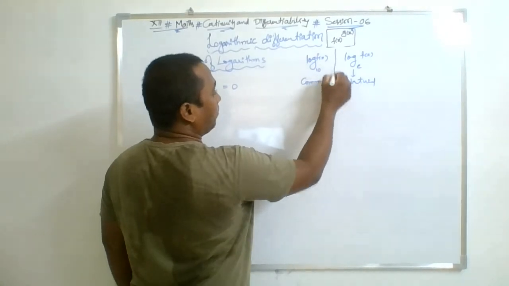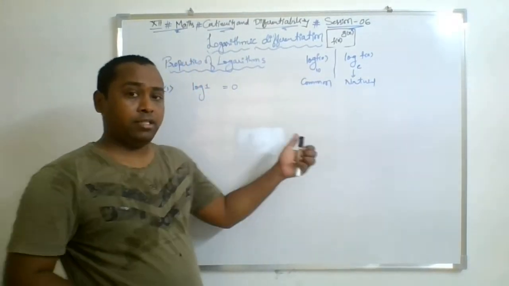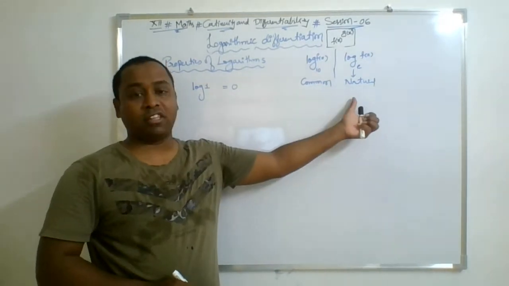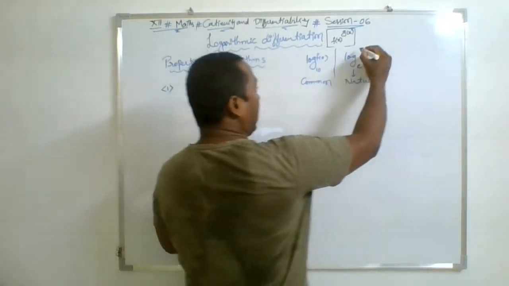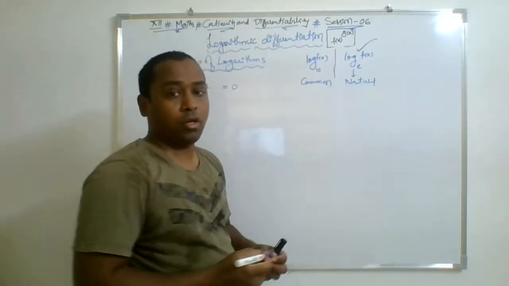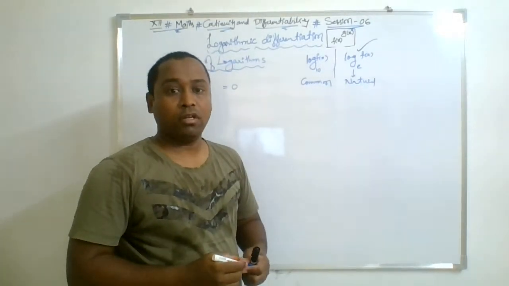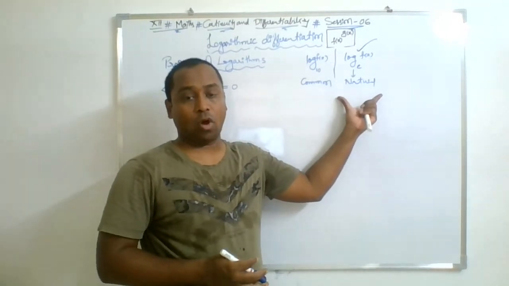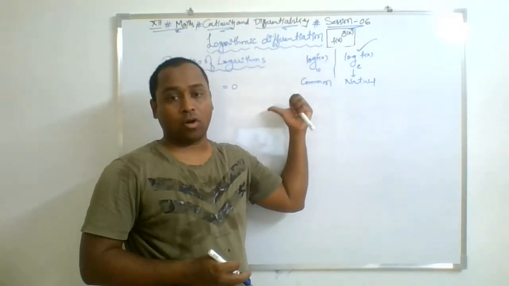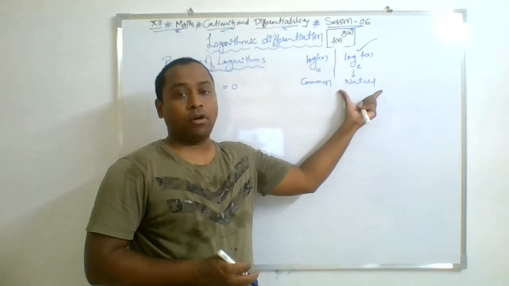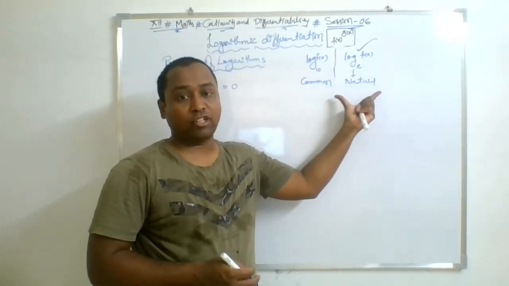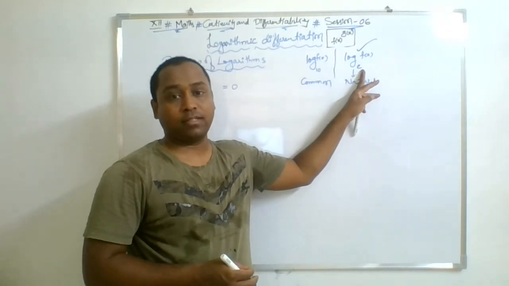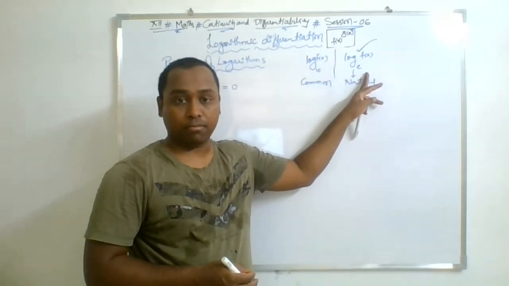But in this chapter, when we are doing the derivative of logarithmic functions, we are dealing with the natural logarithmic function only. So when we speak of the formulas of logarithm, that is properties of logarithm, by default we are talking about the natural logarithmic function, where the base we consider as e, that is Euler's number.